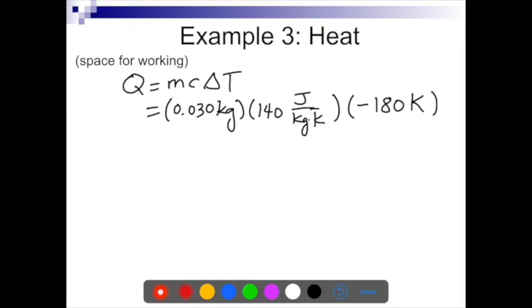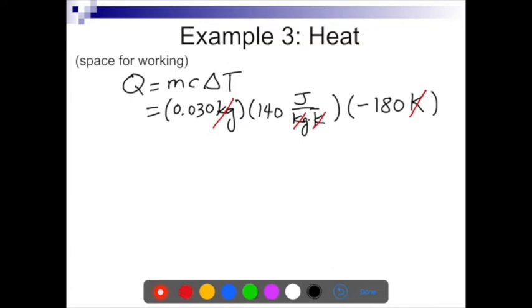Okay. So let me just focus your attention for a while on the units here. We should be consistent with units when we are solving a problem. So this kilogram here will cancel with that kilogram there. This Kelvin in the change in temperature will cancel with the Kelvin unit in specific heat.